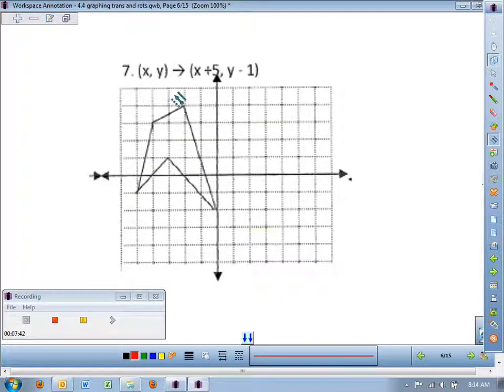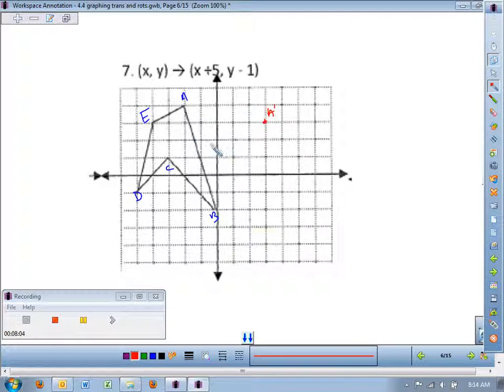Boom! 5 units to the right, so I'm going to go ahead and name these in a different color. How about A, B, C, D, E. And now I'm going to go 5 units to the right, 1 unit down. So 1, 2, 3, 4, 5, 1 unit down.